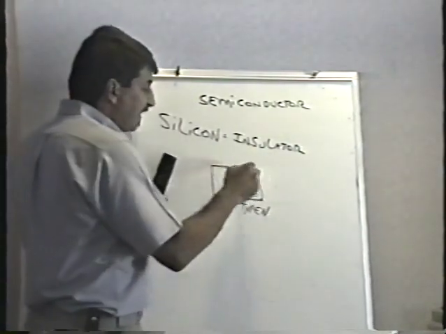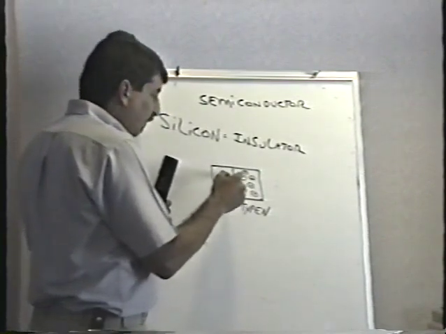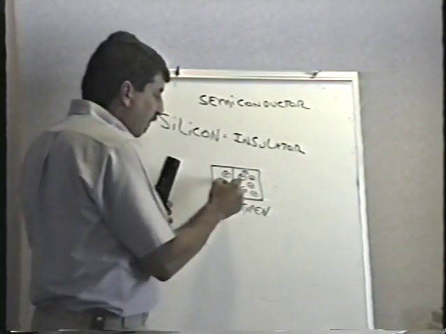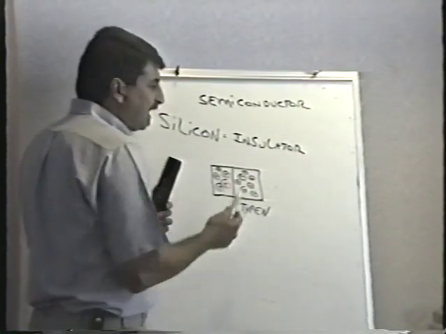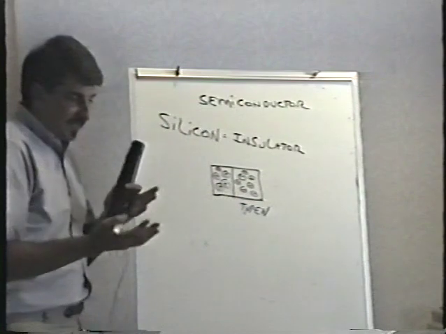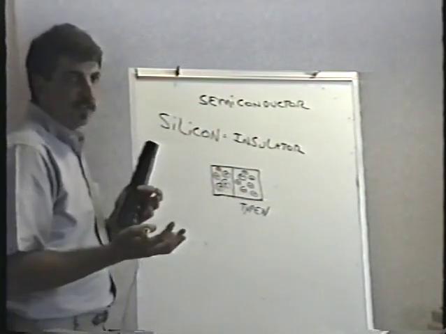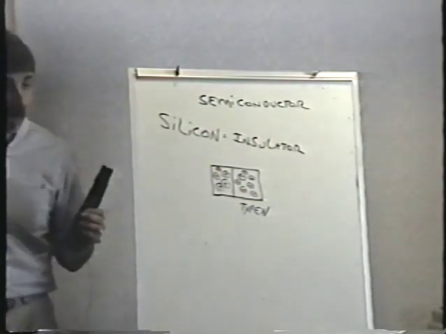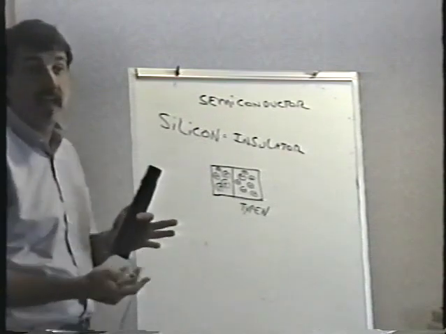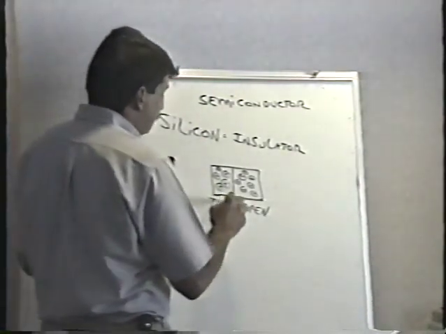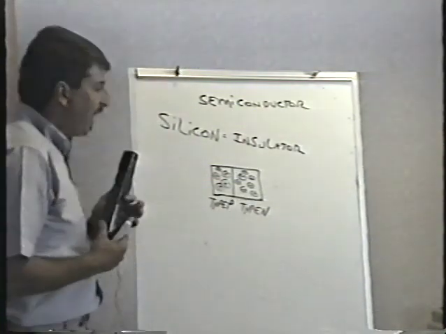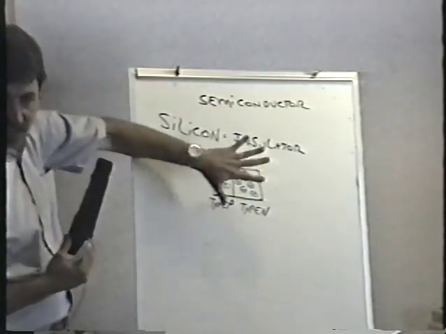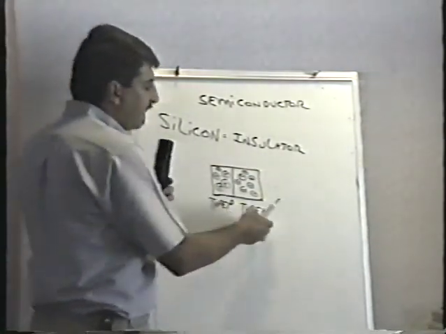By taking some of the negatively charged electrons away from one side, it turns it into a positively charged piece of silicon. Naturally, if you have something that has the same number of positive and negative charges, and then you remove some of the negative charges, what's left is more positive than negative. And we call this type P silicon, P for positive. So we have this silicon chip that's made out of type P silicon and type N silicon.